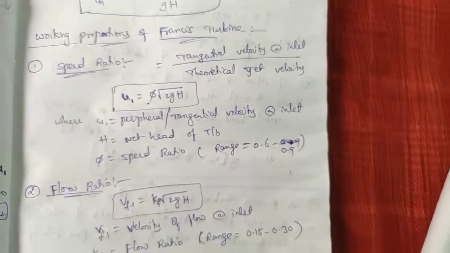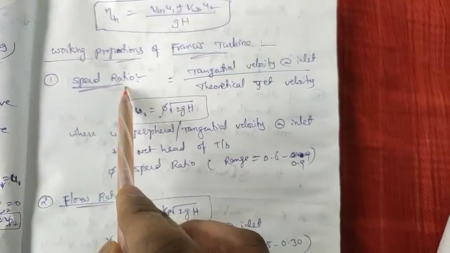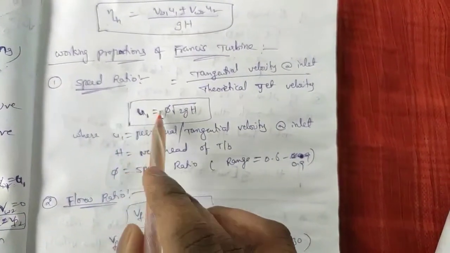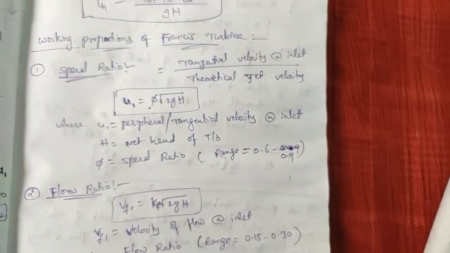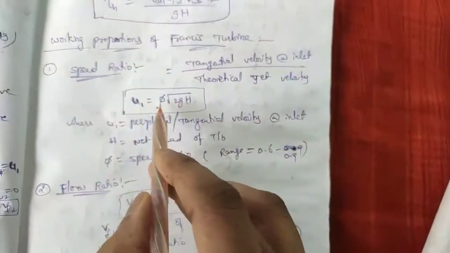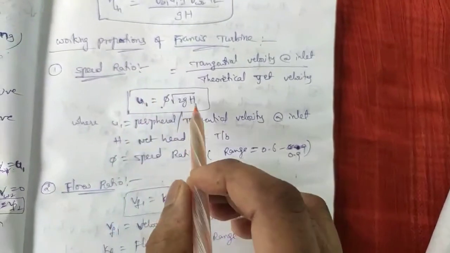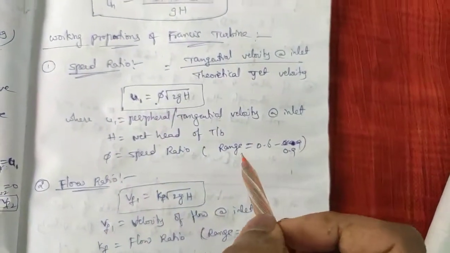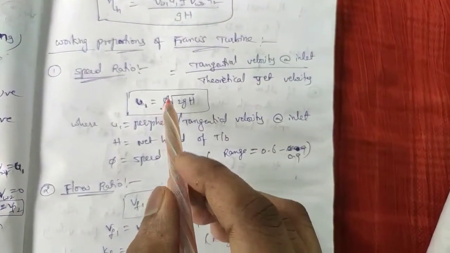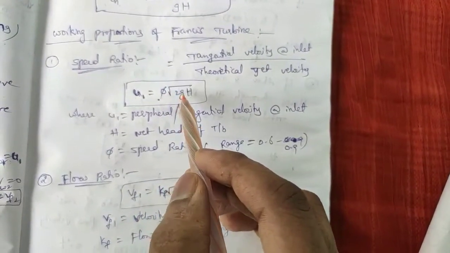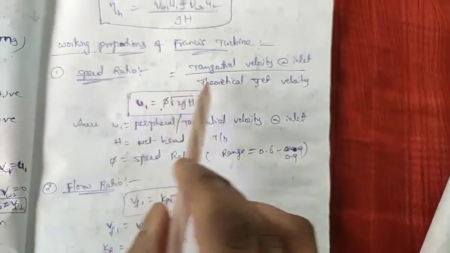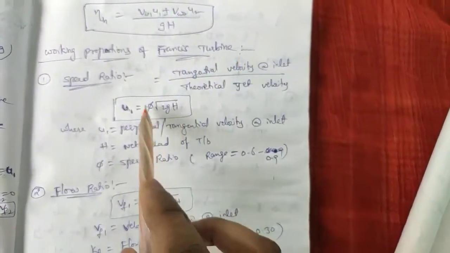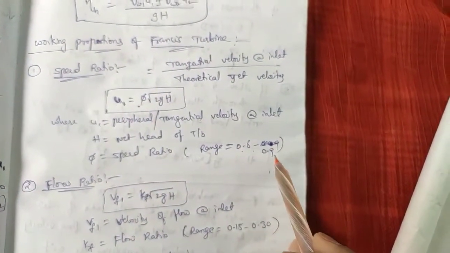Same speed ratio: U1 equal to phi root 2GH. This formula is similar to the Pelton wheel, where phi is the speed ratio and H is the net head. But in the Pelton wheel the phi ratio is 0.43 to 0.48, that was the range. But in the Francis turbine this phi range is 0.6 to 0.9.